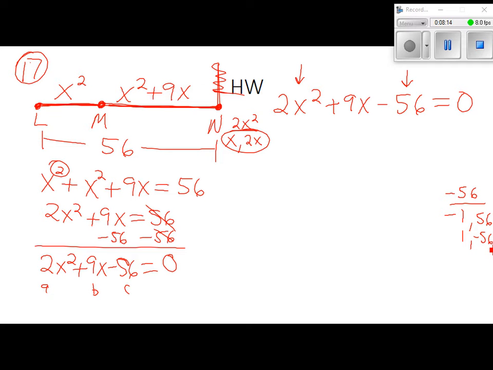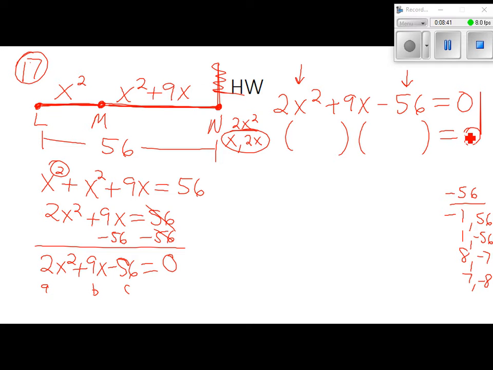Well, those 2 aren't going to work, so we need some of the others also. Give me some other factors. 8 and negative 7. What else would go along with that? Negative 8 and positive 7. 2 and negative 28. We could keep listing factors for quite a while for 56. I'm going to tell you just because I know which ones work.